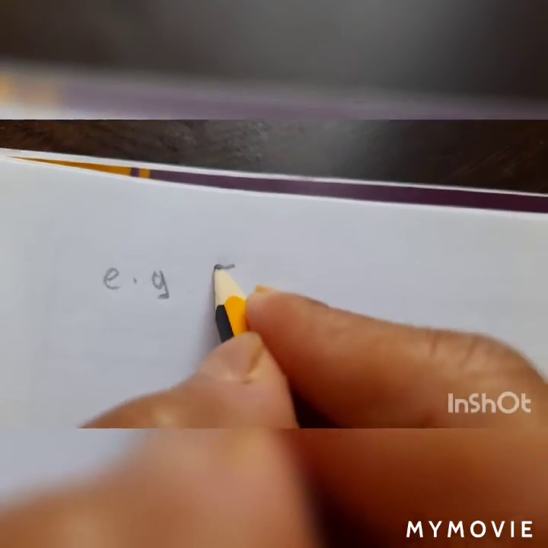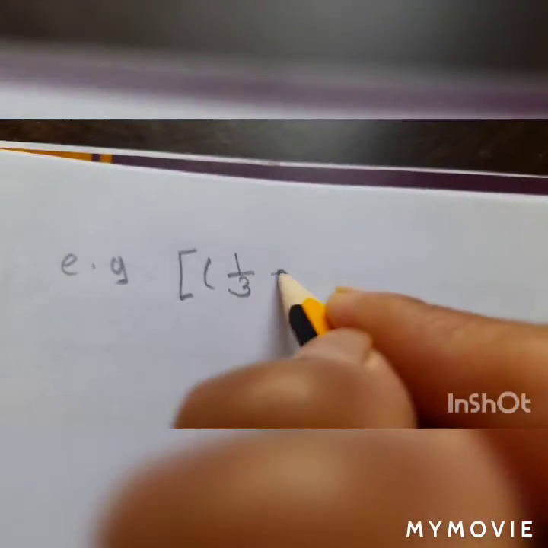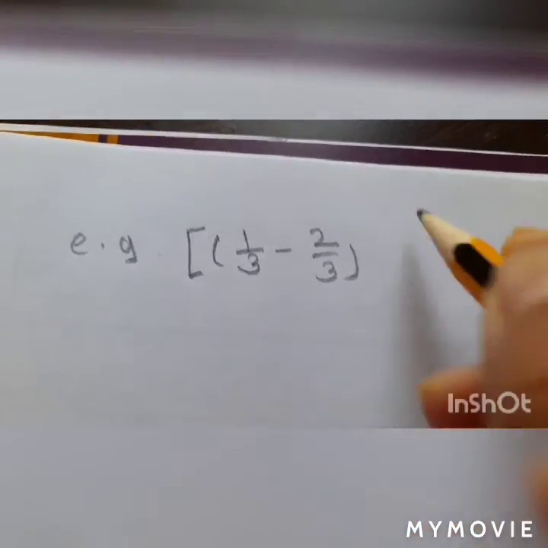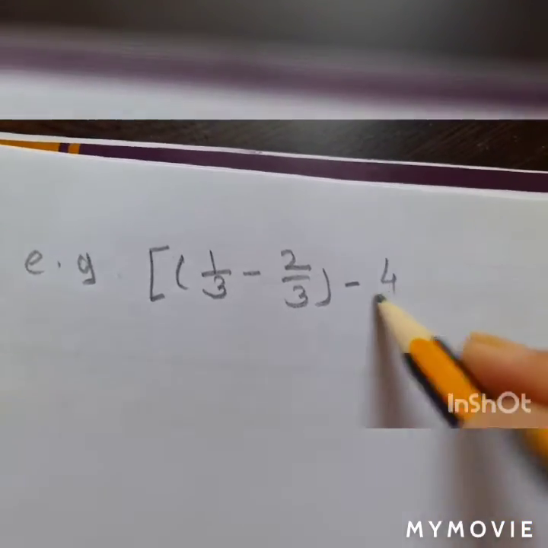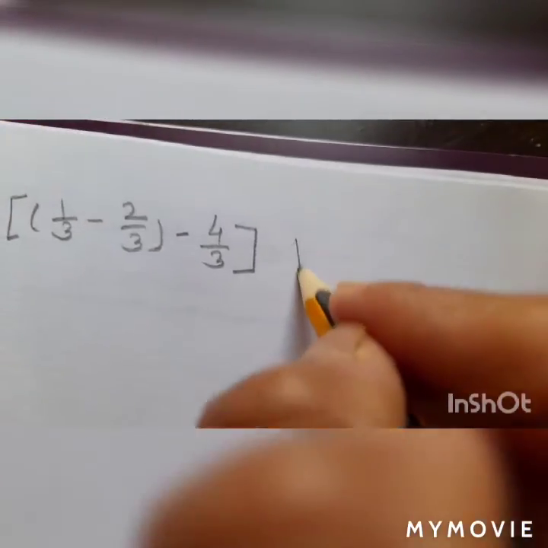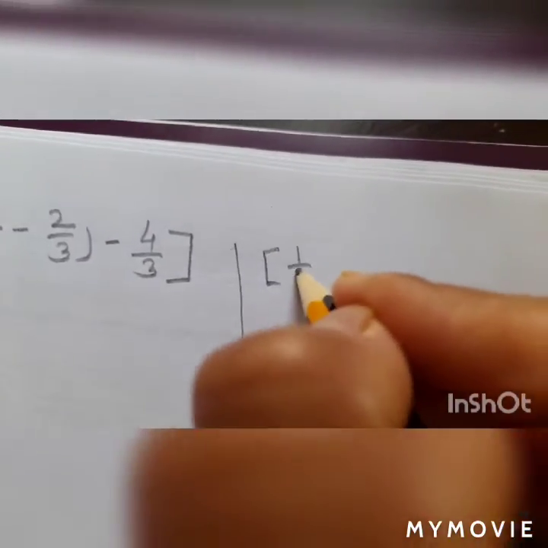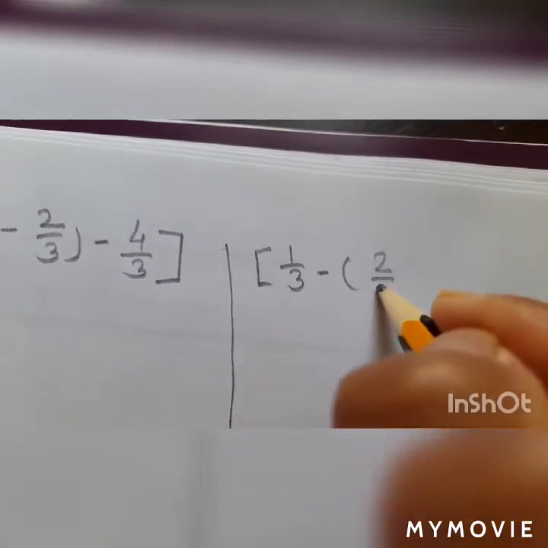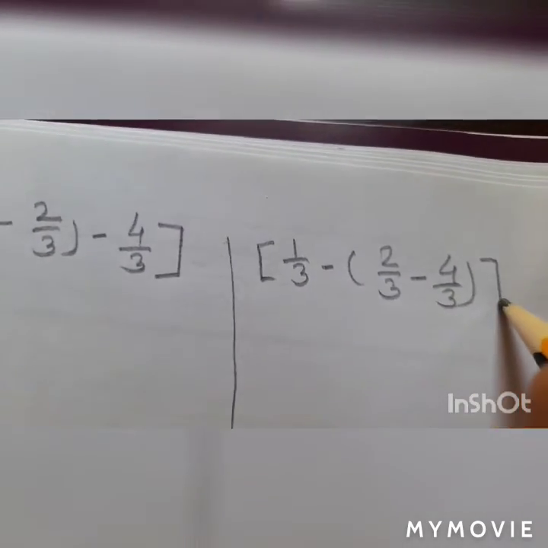Now let us check the subtraction. In round bracket 1 upon 3 minus 2 upon 3, round bracket complete, minus 4 upon 3, square bracket complete. On other hand, we will take 1 upon 3 out of round bracket minus 2 upon 3 minus 4 upon 3.